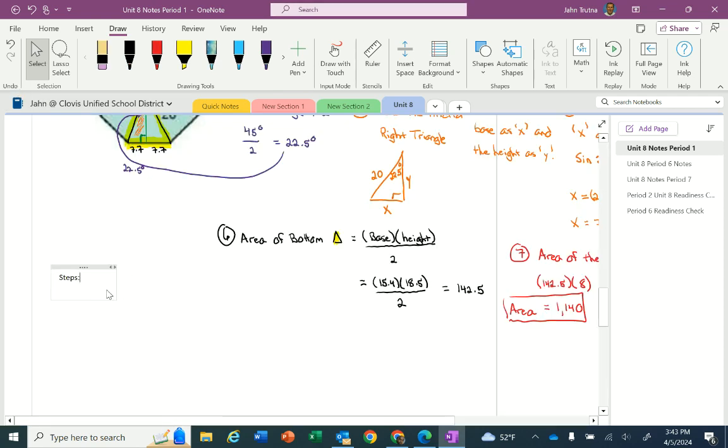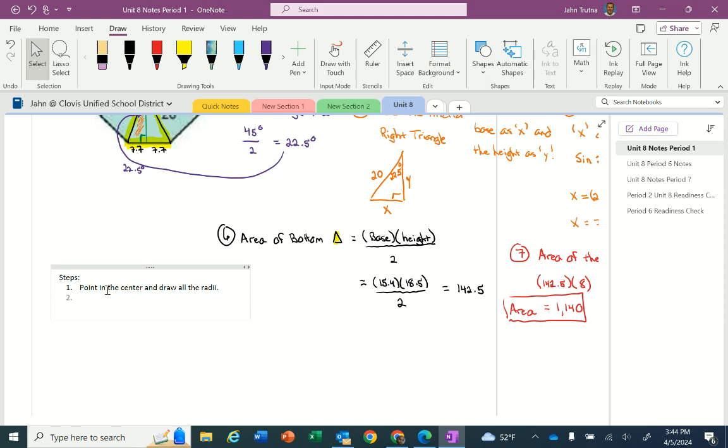Okay, so let's review what the 7 steps are. Step number 1: point in the center and draw all the radii.